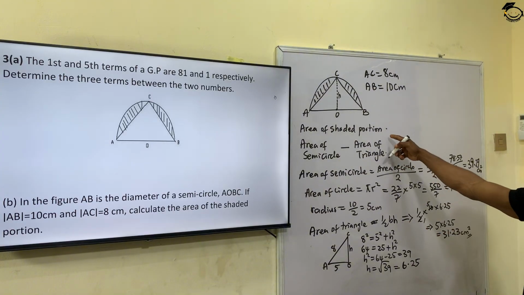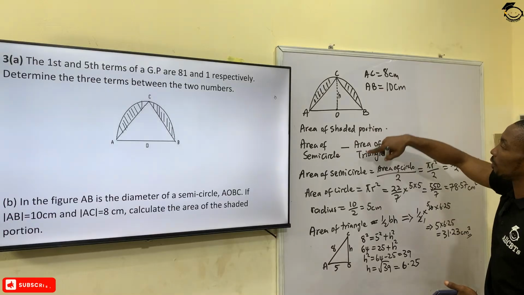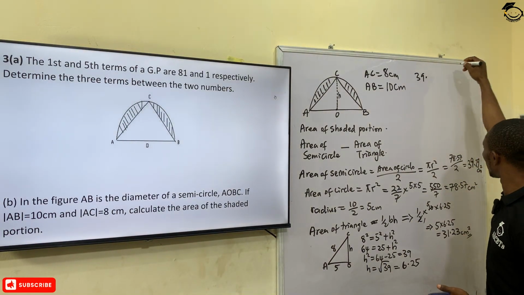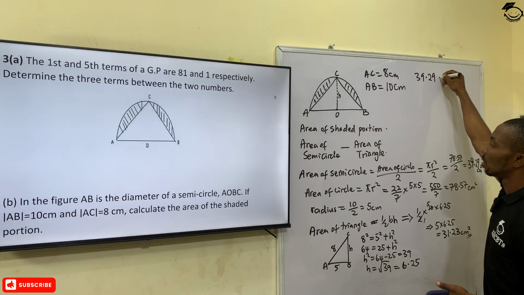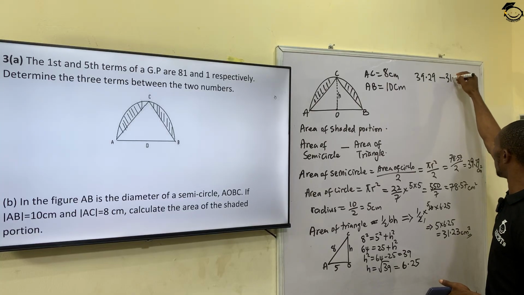Now back to our formula to find area of shaded portion, where we have area of semicircle, which is 39.29, minus area of triangle, which is 31.23.